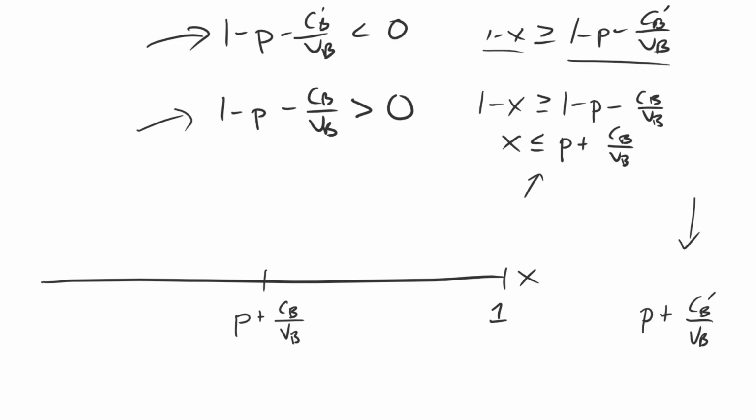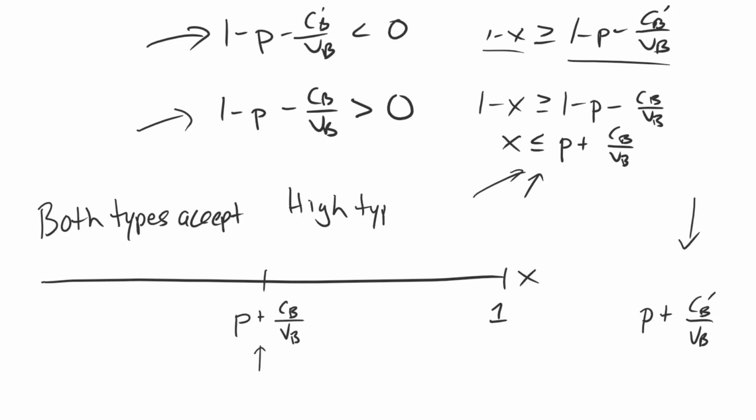Whether the low cost type accepts or not depends on where we are in relation to this cut point. Anything less than or equal to that cut point is something that the low cost type will accept. So both types accept here. In contrast, if we exceed that quantity, well, the high cost type accepts, again, because it's accepting any demand whatsoever.